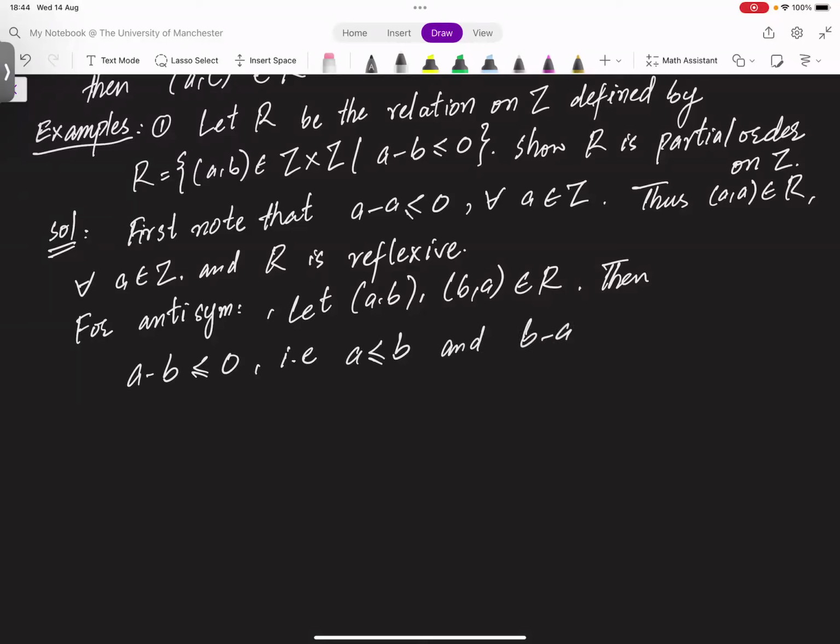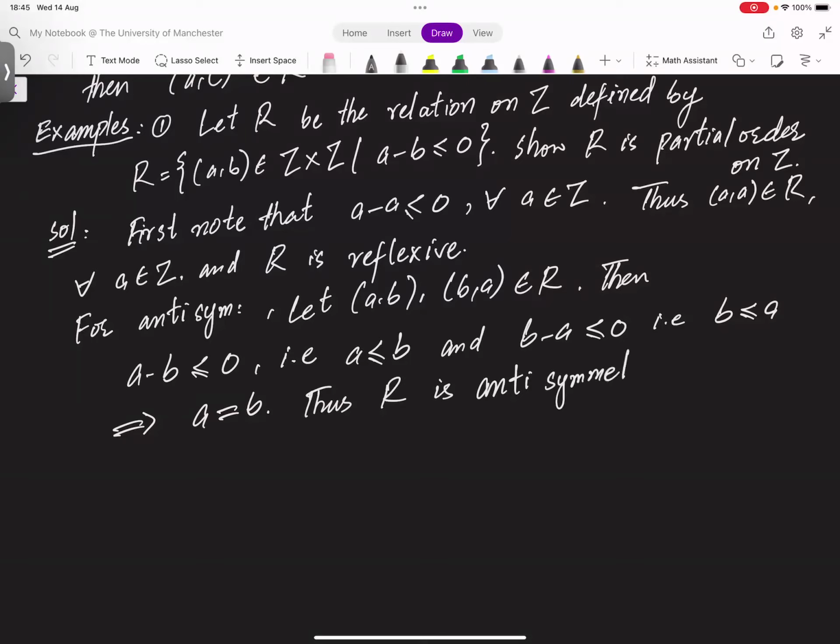And b minus a is less than or equal to 0, i.e. b is less than or equal to a. This implies a is b, because this is the way we show how two things, at least numbers and sets, are equal. So this implies a is b. And if a is b, we have R is anti-symmetric. Perfect.